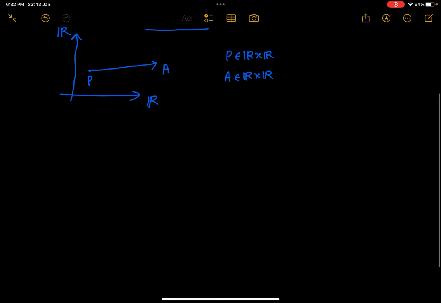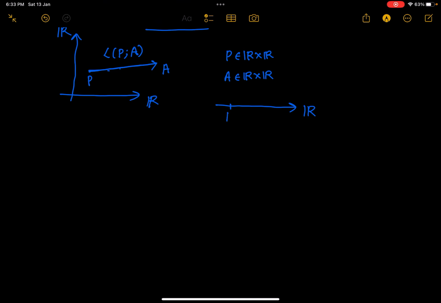The thing is that this P and A are given. So we want to find the equation of this straight line, or we want to find all the points of this line. This will be generally denoted by L of P, A. This is basically a straight line through the point P along the direction of A. Now if you come to the one dimension case, you have the real line.